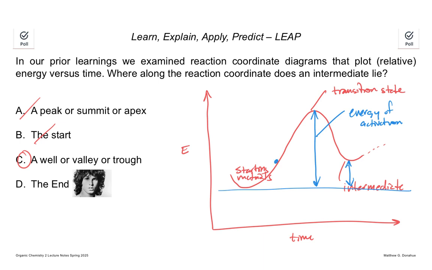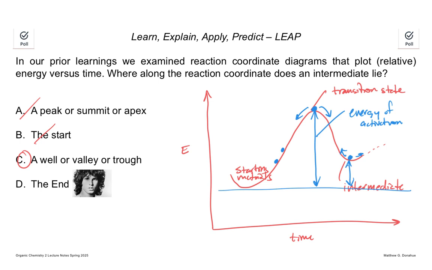So the way to visualize that is like a little ball. When the ball gets to the top of that hill, it can either go back to the starting materials or it can go forward into the intermediate well. When it's in the well, it can sort of move back and forth in that well.